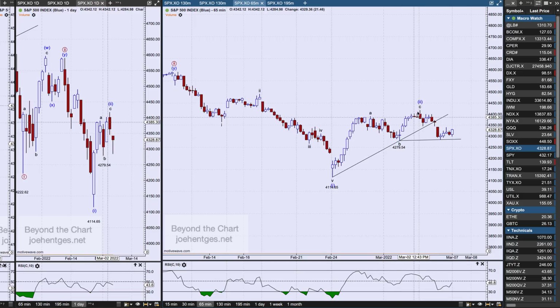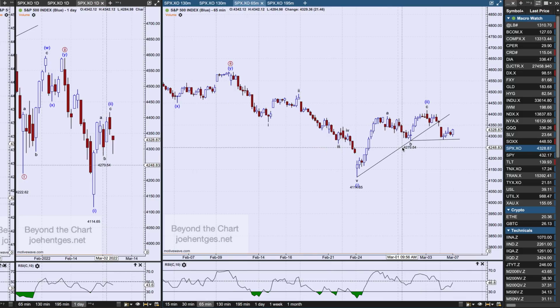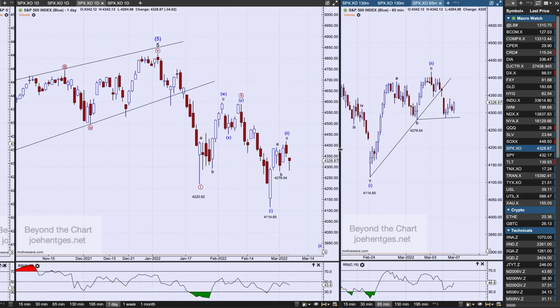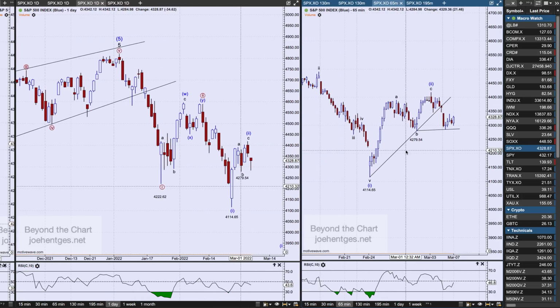This B wave of an ABC did get taken out by the NASDAQ, but not by the Dow and the S&P 500. So be watching for that on Monday for sure, to see if we get that continuation, or does wave 2 morph into something more complex? The thing you've got to realize is that whenever you get into any kind of corrective mode, it can always morph into multiple types of looks.